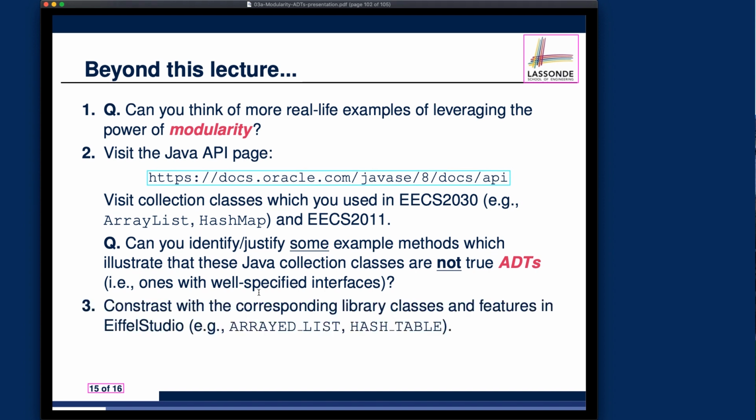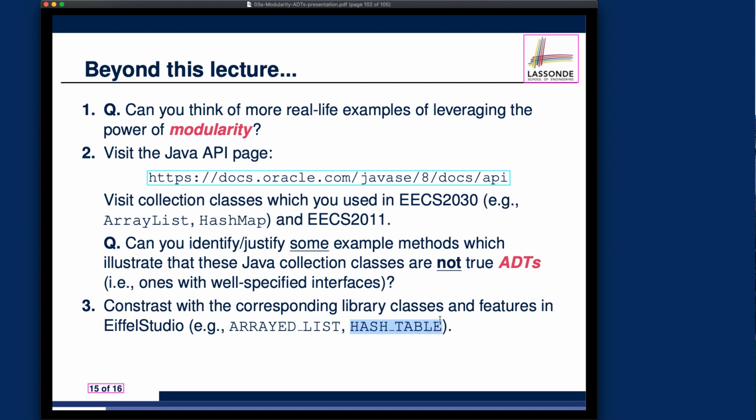And then I want you to contrast whatever methods you choose in the Java collection library with the corresponding features in EiffelStudio. For example, if you look at some methods in ArrayList, you can find the ArrayedList in EiffelStudio. If you find some methods in HashMap, you can find the corresponding feature in HashTable.